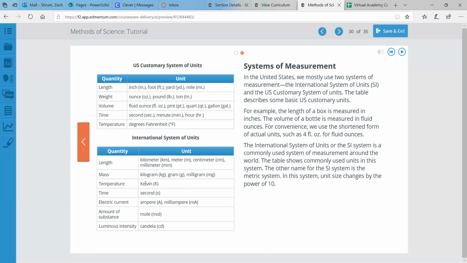Scientists from the US, European nations, Asian nations, South American nations, Australia, other North American countries like Canada, Mexico, African nations too. If we're all using the same system, this makes it easier to communicate with each other and to make sure we're getting the same results.